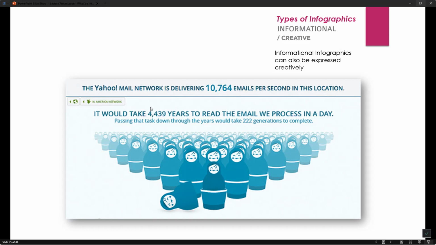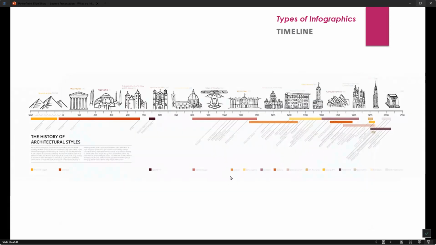To kind of emphasize the 4,000 plus years. So you see this, it is an infographic because it's giving you information. It could have used charts to represent these numbers, but instead it did it in an informational way. It gives you some text and some icons.